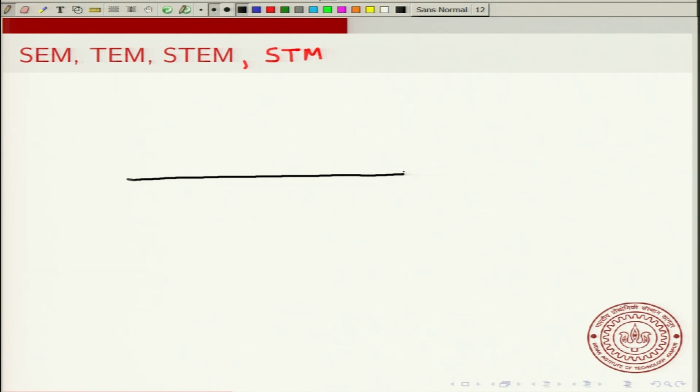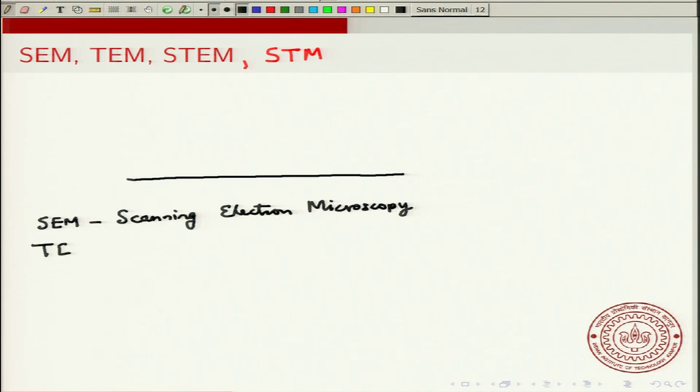Let me write these names down. SEM stands for scanning electron microscopy. TEM is transmission electron microscopy, and this can give you information about the interior of the sample, not just the surface.